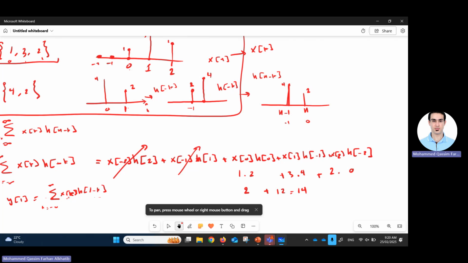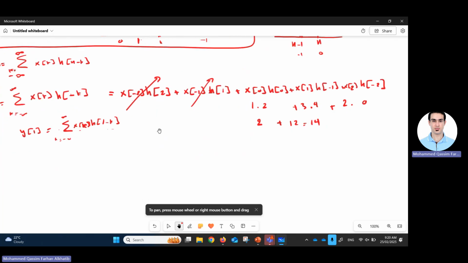See the point here? So instead of doing -1 and 3 and 4, there are no values for x at -1 or 3 and 4. So it's going to be equal x of 0, h of 1 minus 0, 1, plus x of 1, h of 1 minus 1, 0, plus x of 2 times h of 1 minus 2, minus 1.